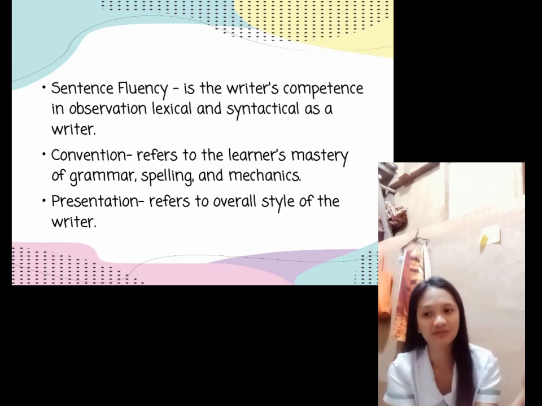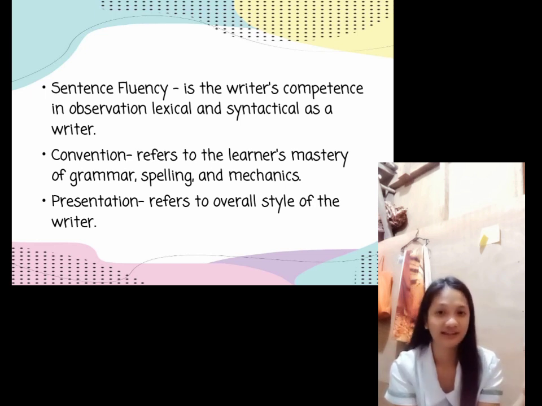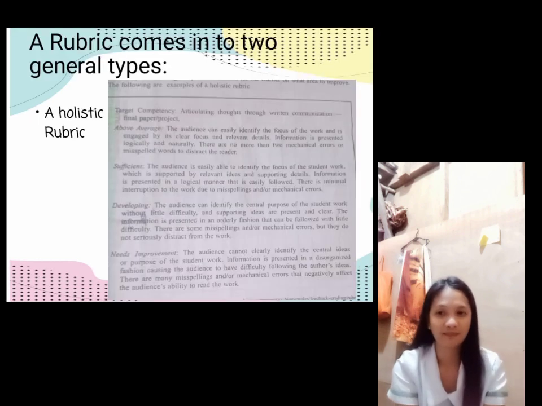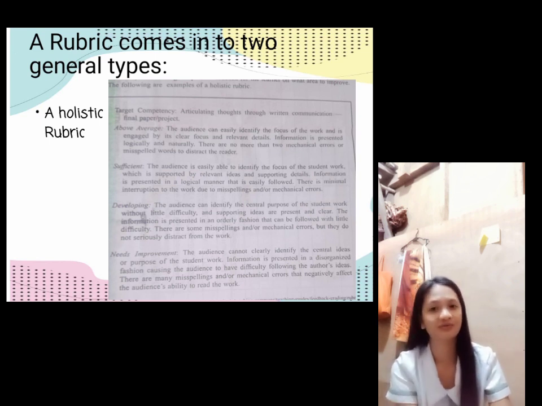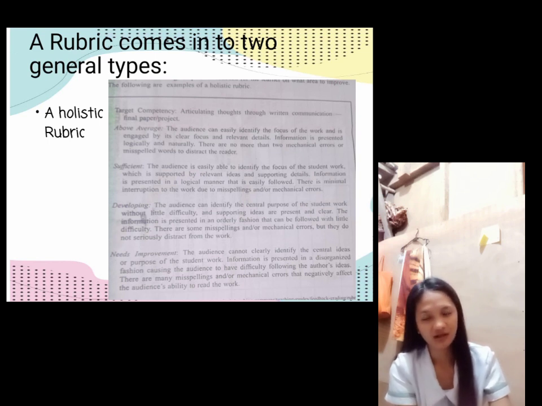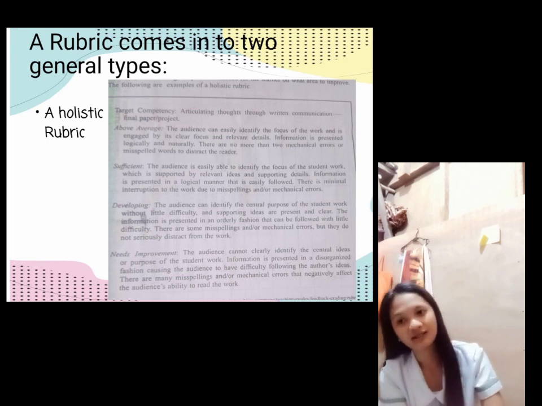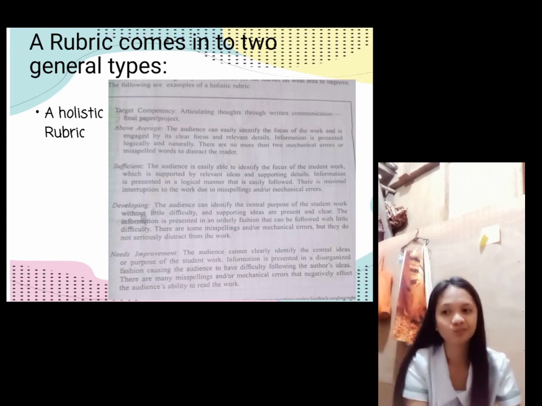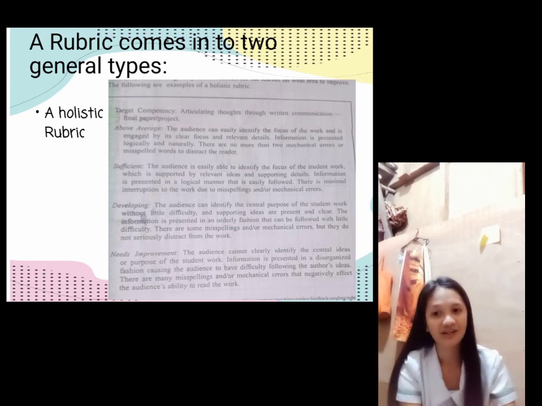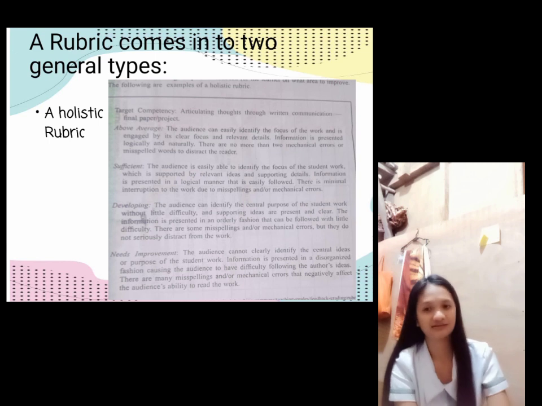So all of the rubric is all about the students or the writer or the one they rate. So there are some examples of rubric. There are holistic and also trait rubrics.